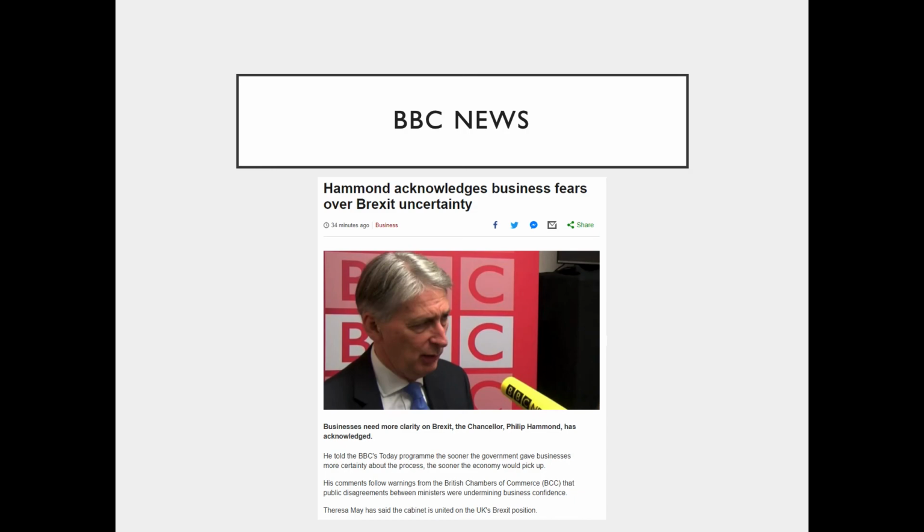The lead will be the headline and that first paragraph, that first sentence, which will sum up everything that you actually need to know. And you don't necessarily need to go and read the rest of the story. Everything is there with: Hammond acknowledges business fears over Brexit uncertainty. Businesses need more clarity on Brexit, the Chancellor, Philip Hammond, has acknowledged. That's our entire story. And then, as we go down into the rest of the text, we get more of the story, but it's more detail.